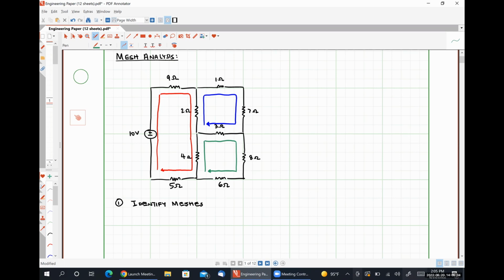You do not have to follow this convention. You can choose your mesh currents to be counterclockwise as opposed to clockwise. You can even choose your mesh currents to be a combination of the two.